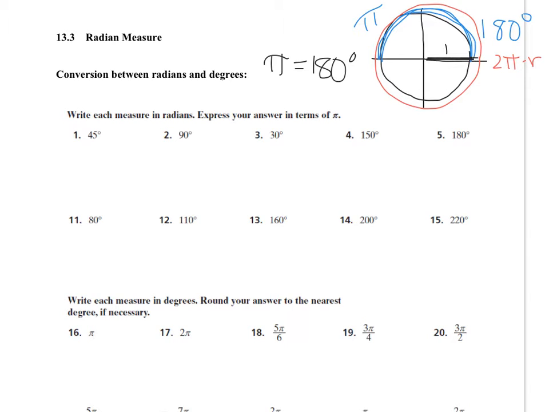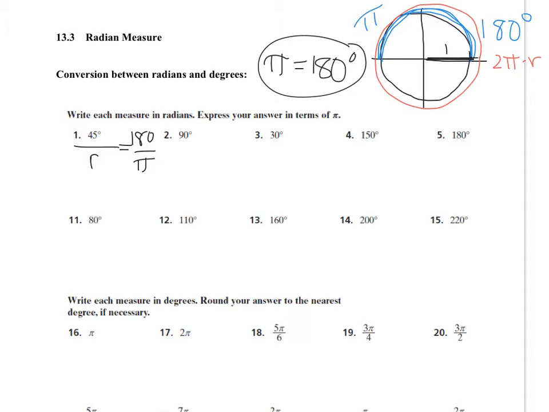So write each measure in radians. We have something in degrees, we want to write it in terms of pi. If we know that pi is 180 degrees, we can think of a proportion as 45 is to r radians as 180 degrees is to pi.